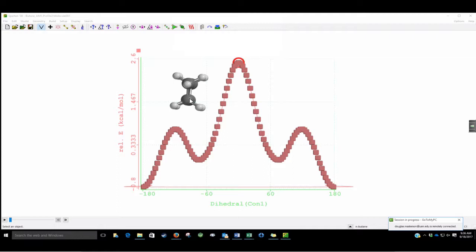And what you can see is I've built in the computer a model of butane where the two methyls are actually eclipsed to one another. And I've told the computer to go through and rotate it every so many degrees. I can't remember how many degrees I actually told it to rotate it, and calculate the energy for that particular conformer.